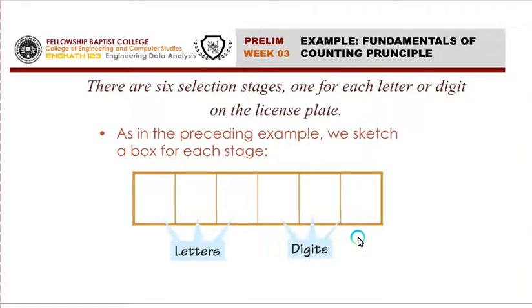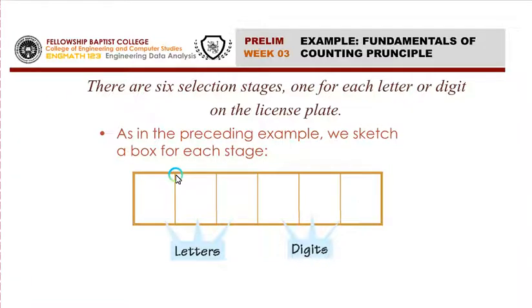So there are six selection stages, one for each letter and one for each digit in our license plate. Now for the letters, for the first category, we are allowed to have repetition of letters.